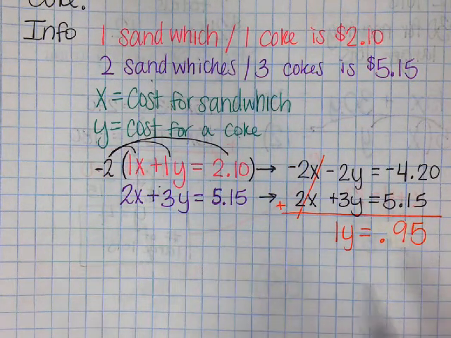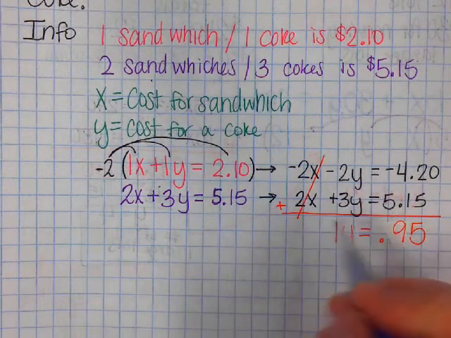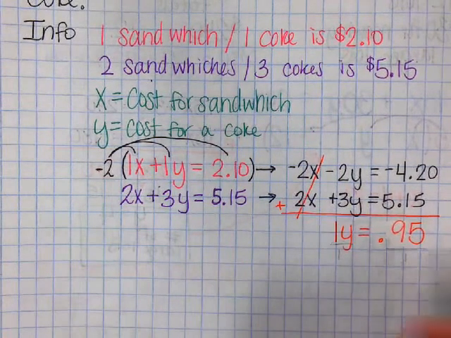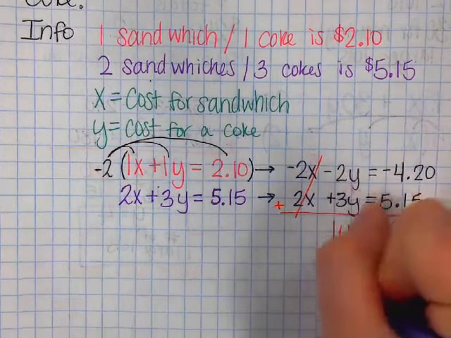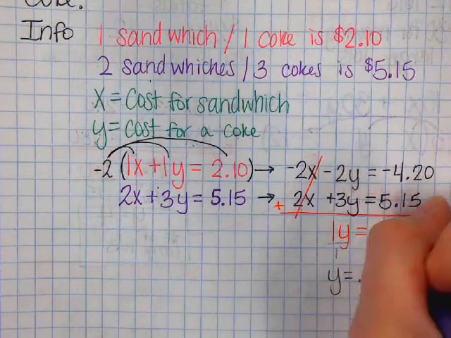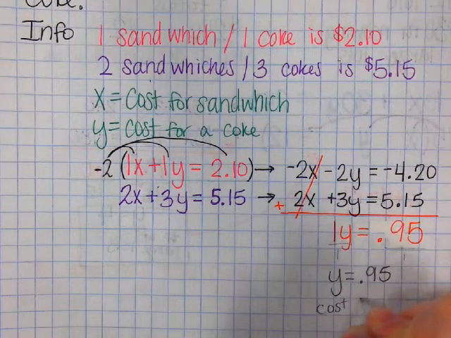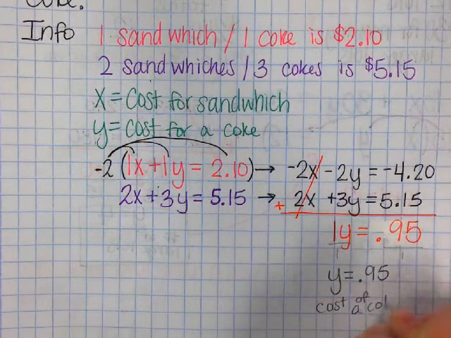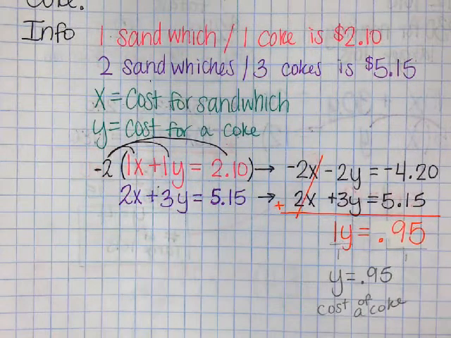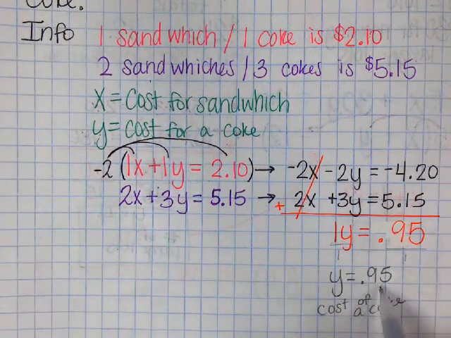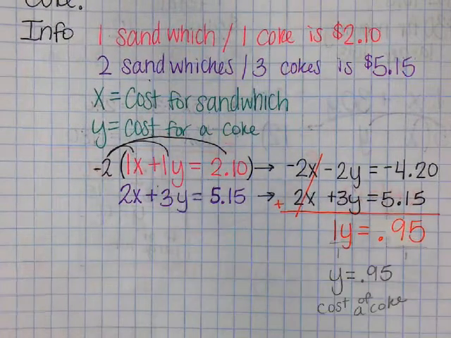So 1y equals 0.95. I always see people divide by 1, but you really don't have to. You just know that y equals 95 cents, or this is the cost for a Coke, since we said y equals the cost of the Coke.